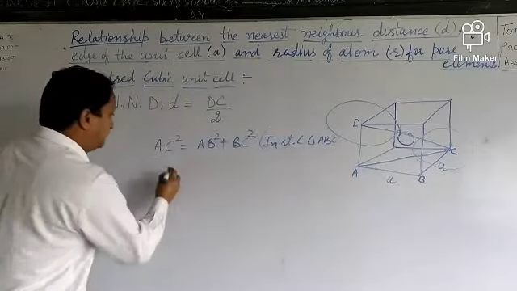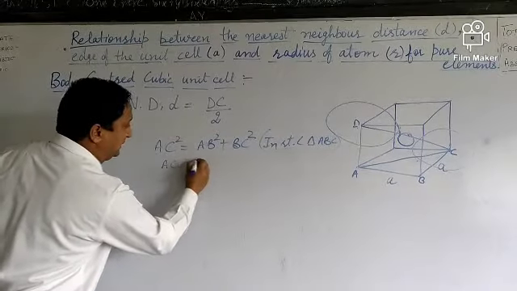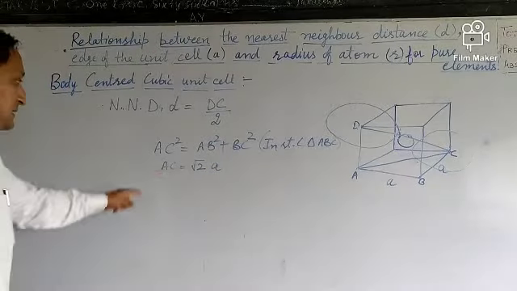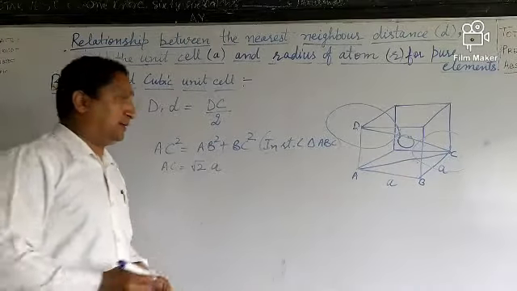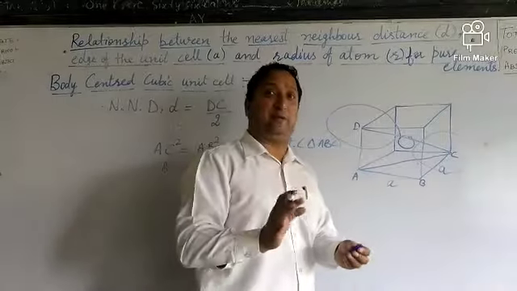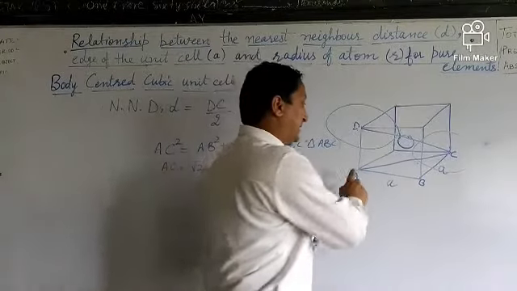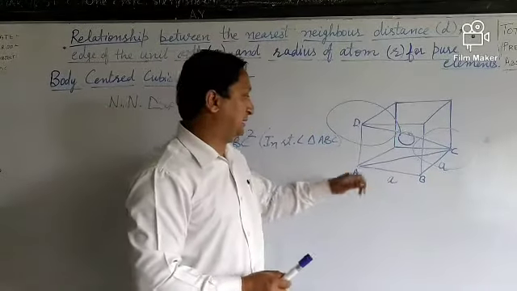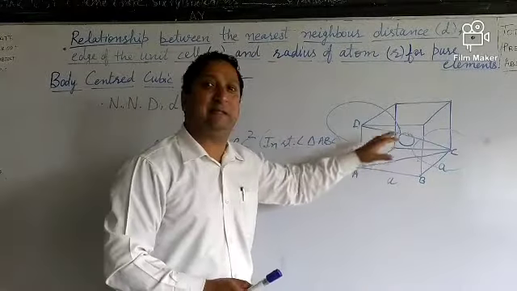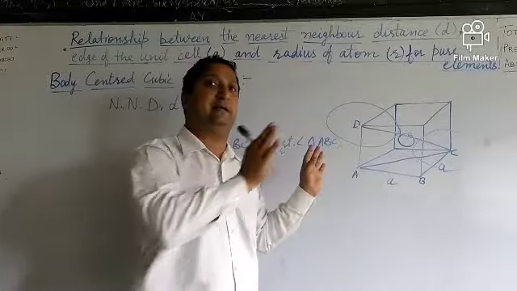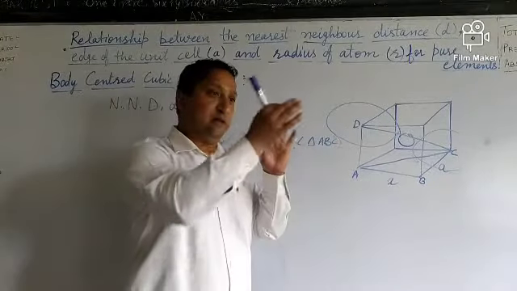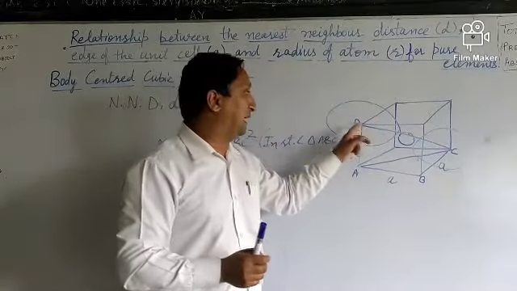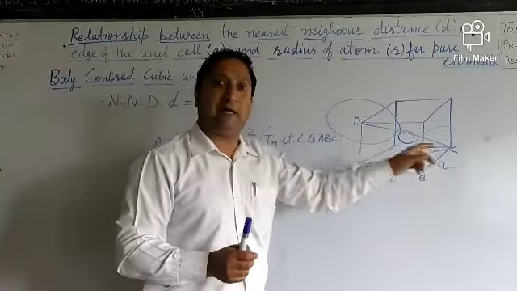So AC is equal to under root 2 A. Now this is very important. You have to take this triangle ACD, and here in the picture we can't predict that it is a right angle triangle. But when you see it in a cube, you will see that this is a right angle triangle and this is the diagonal part.